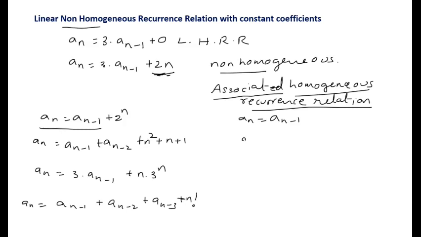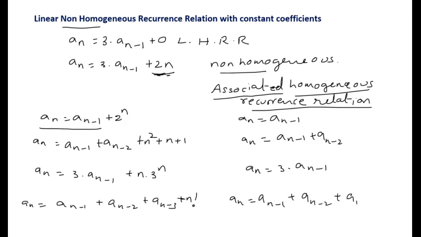For the next one, a_n = a_{n-1} + a_{n-2} is the associated homogeneous recurrence relation. And for the next one, a_n = 3a_{n-1} is the associated homogeneous recurrence relation. For the next one, a_n = a_{n-1} + a_{n-2} + a_{n-3} is the associated homogeneous recurrence relation.